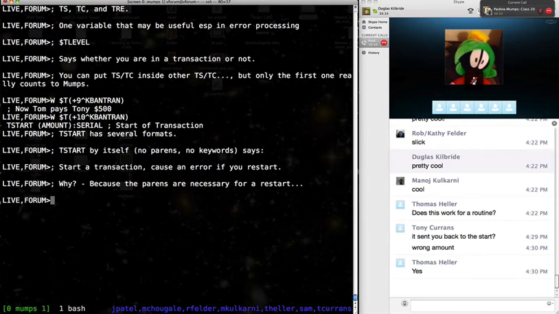So I said parens are necessary for a restart. Why are parens necessary for a restart? Let's figure out why we need parens.